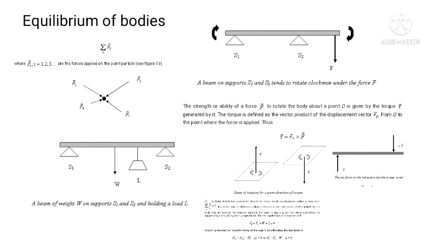For example, if we apply equal and opposite forces to the ends of a rod, as shown in the figure, the net force is zero. It will still tend to rotate it.